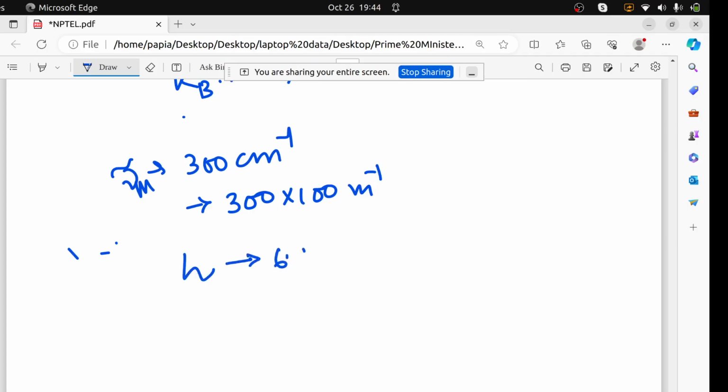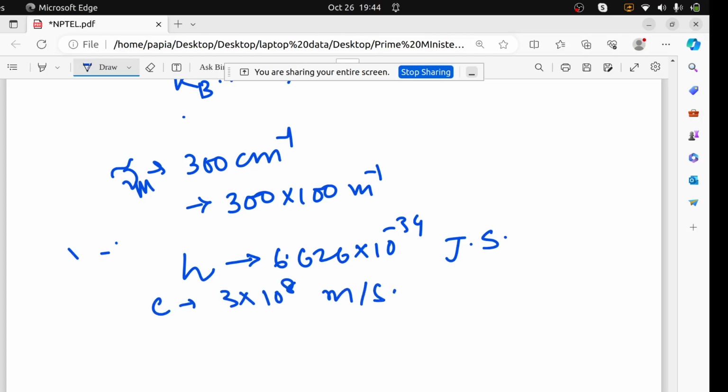h is 6.626 times 10 to the power minus 34 joule into second. Now c is 3 times 10 to the power 8 meter per second, and then k is 1.38 times 10 to the power minus 23 joule per Kelvin.